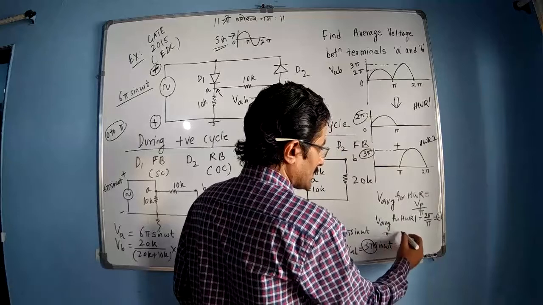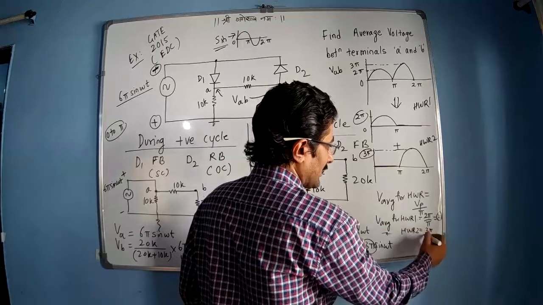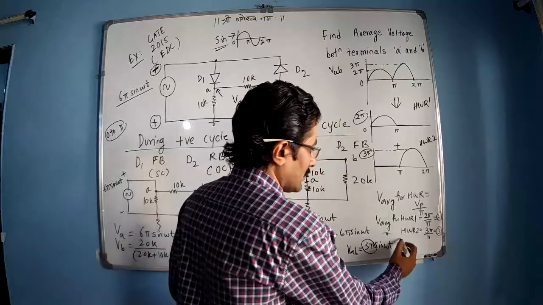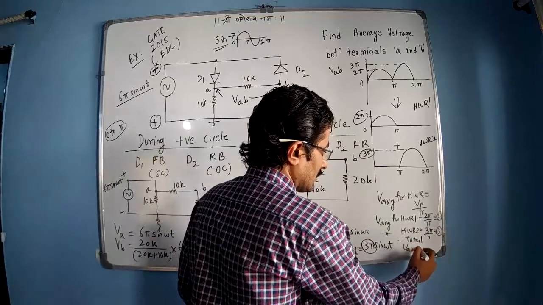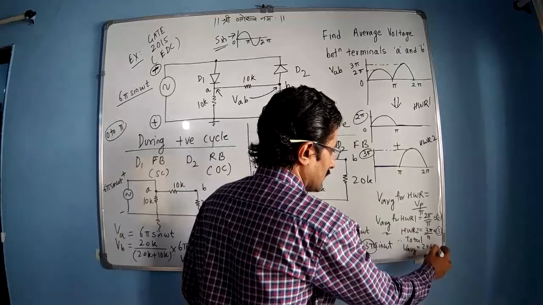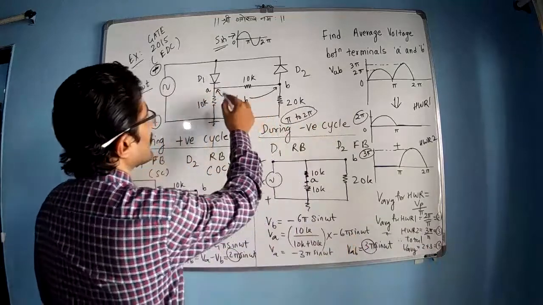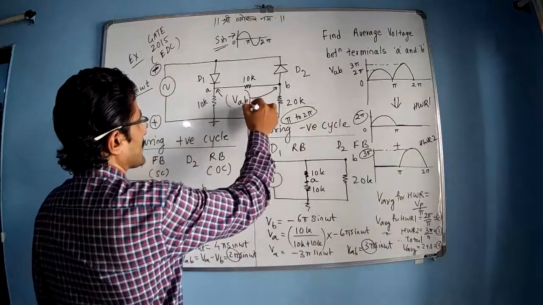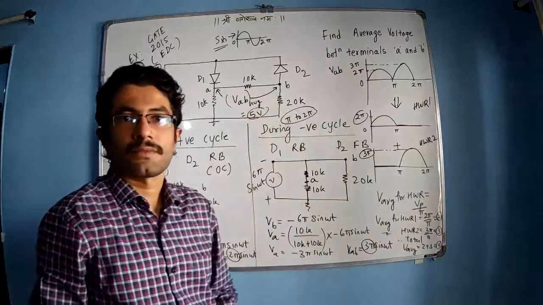Similarly, V average for half wave rectifier 2 will be 3π divided by π, which is 3. Therefore, total V average will be 2 plus 3, which is 5. So your answer for this problem is 5 volt. VAB average will be 5. Thank you.